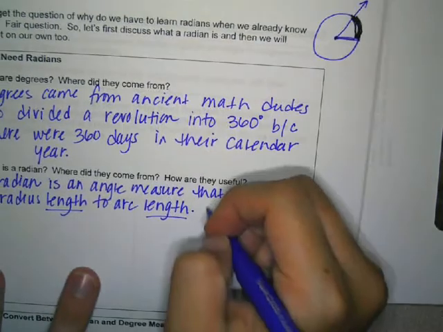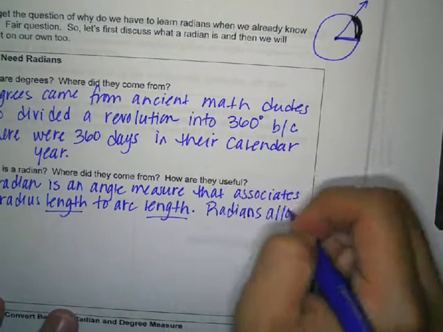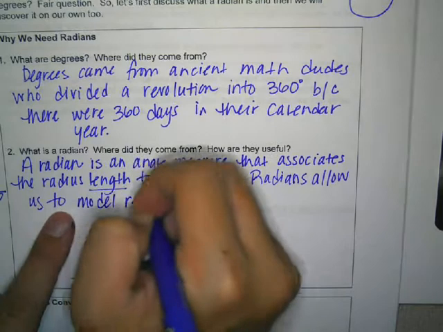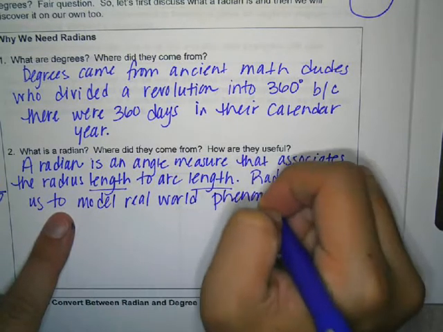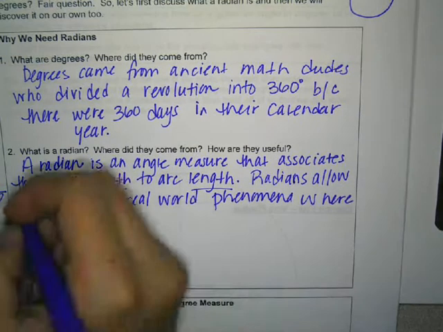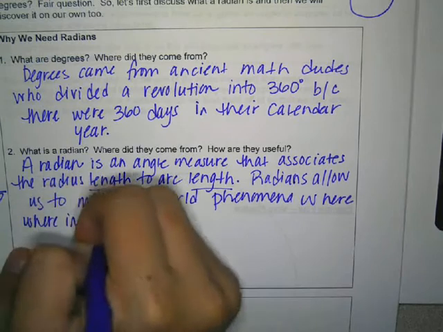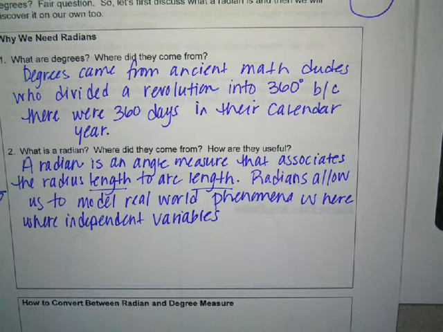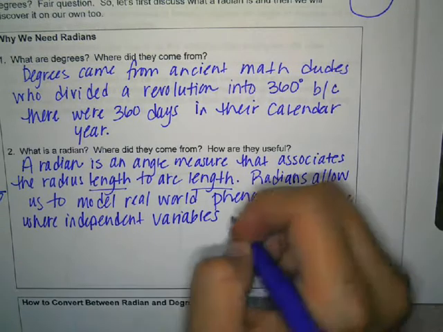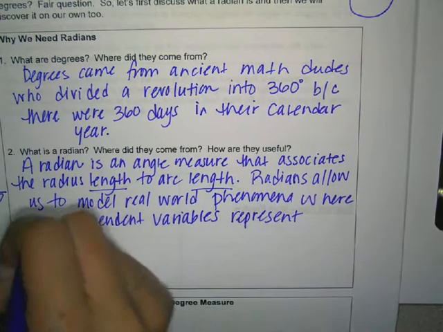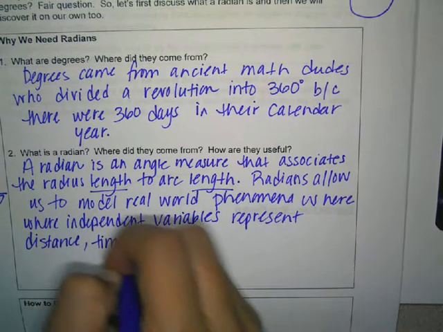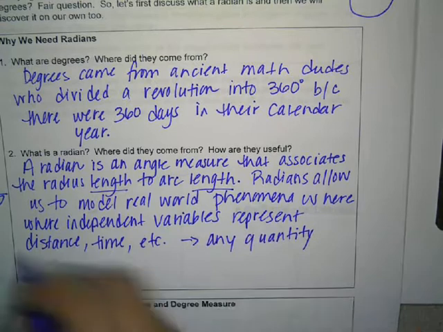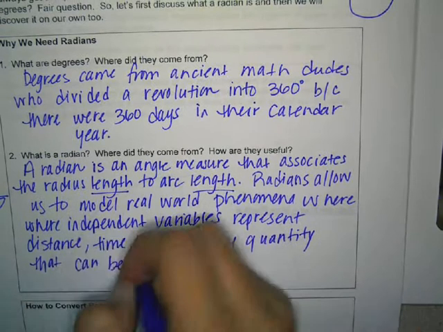Radians allow us to model real-world phenomena where independent variables, so these are variables like x values, represent distance, time, etc. Any quantity that can be measured.